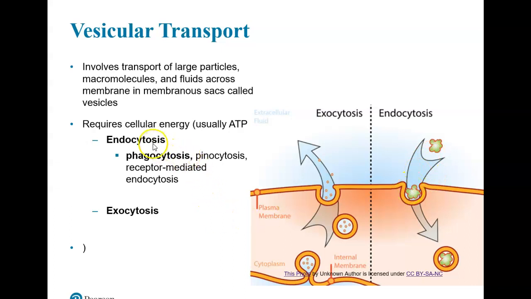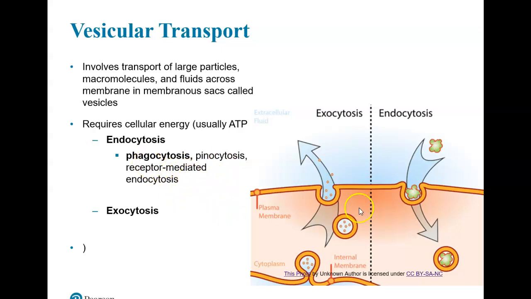As far as endocytosis, the one you have to be familiar with is phagocytosis. This is where a large molecule or large particle is engulfed by the cell and then taken into the cell. There are other types, like pinocytosis, which is mainly for fluid, and receptor-mediated endocytosis.